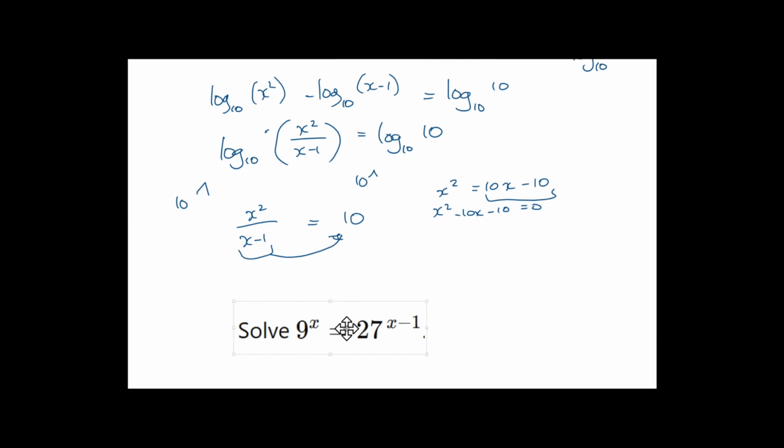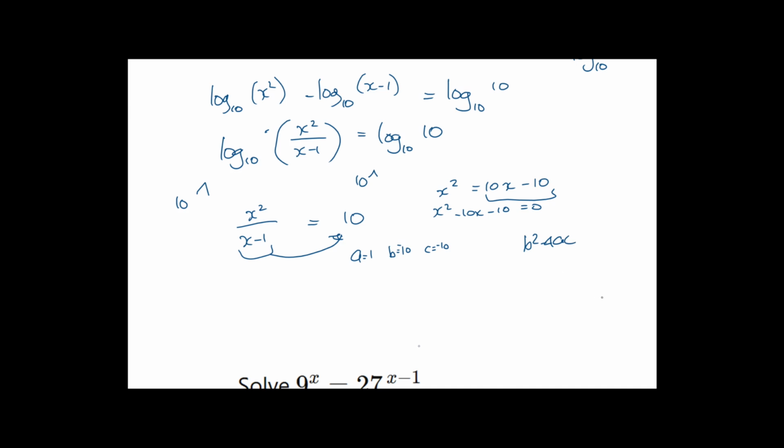So I'm just going to move this question down a bit. So now our a is 1, our b is negative 10, and c is negative 10. We could just use the calculator, I guess. And let's do the b squared minus 4ac bit first. So negative 10 squared is 100 minus 4 times 1 times negative 10.